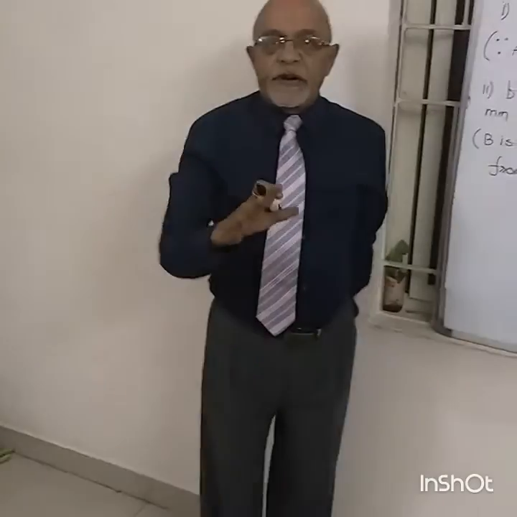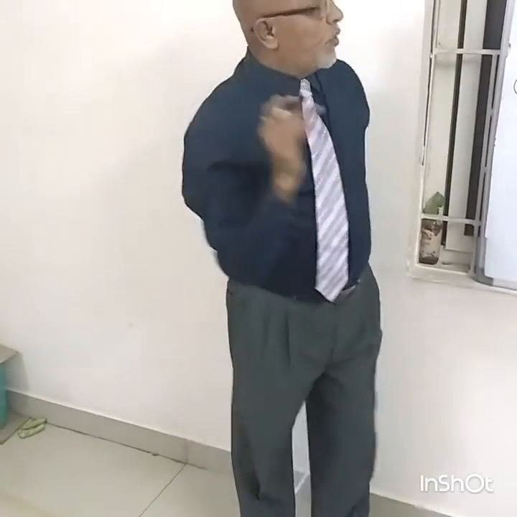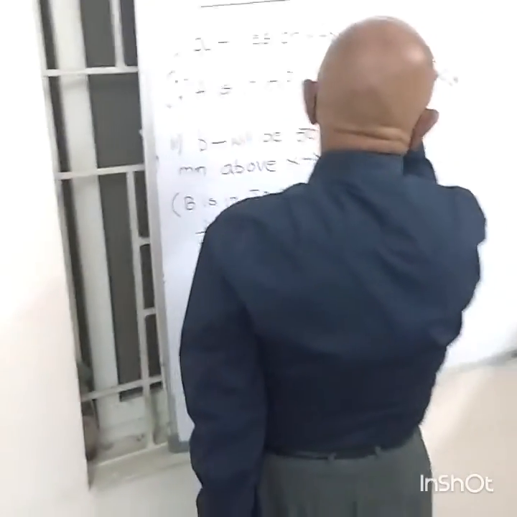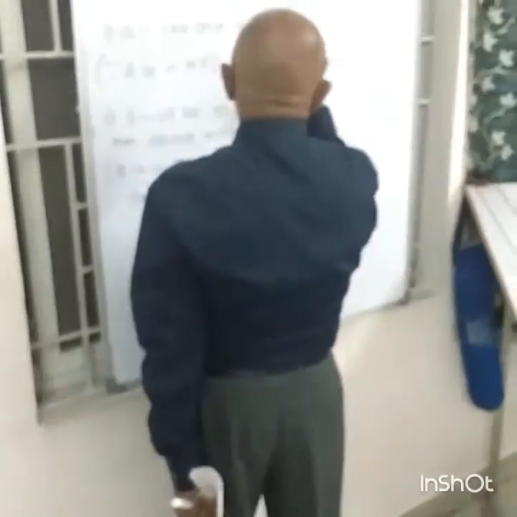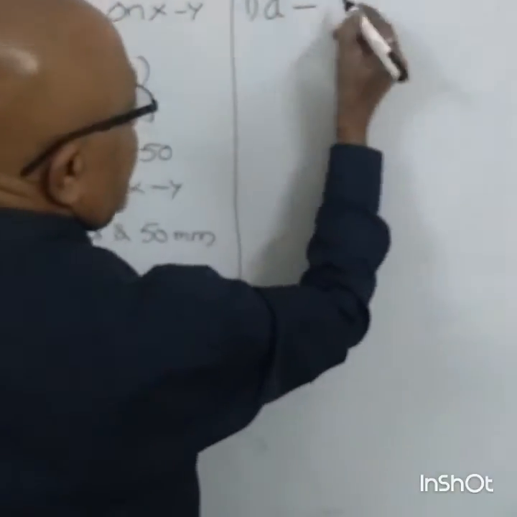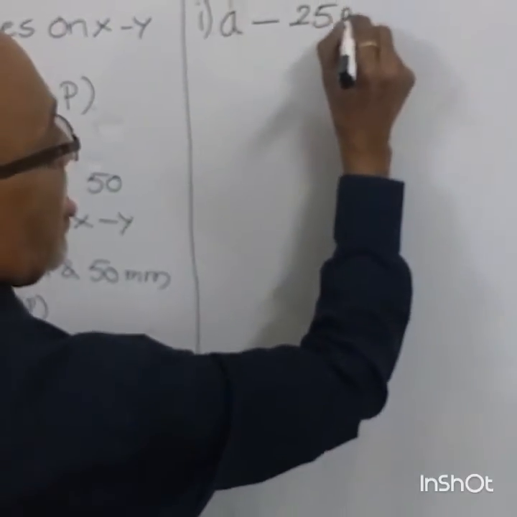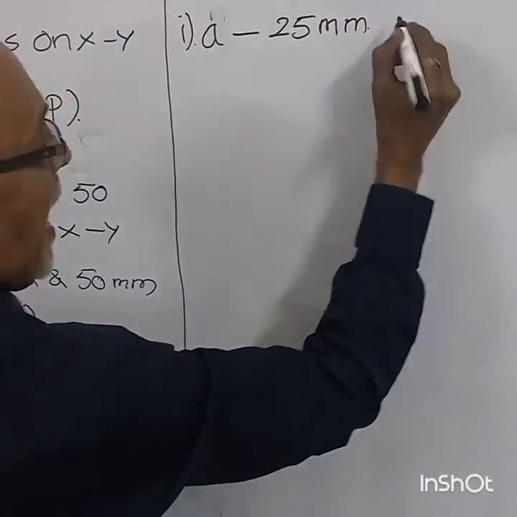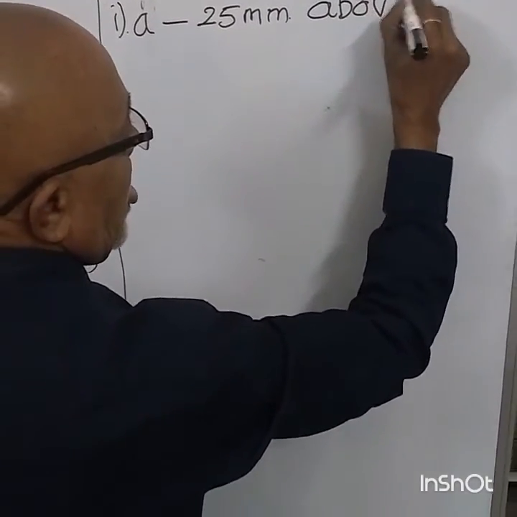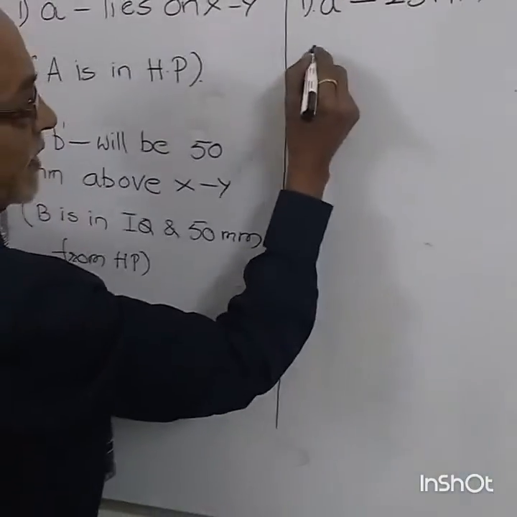So if the distance of the point from vertical plane is 0, the distance of its top view from the reference line will also be 0. So this point B lies on XY because your original point B is in vertical plane.